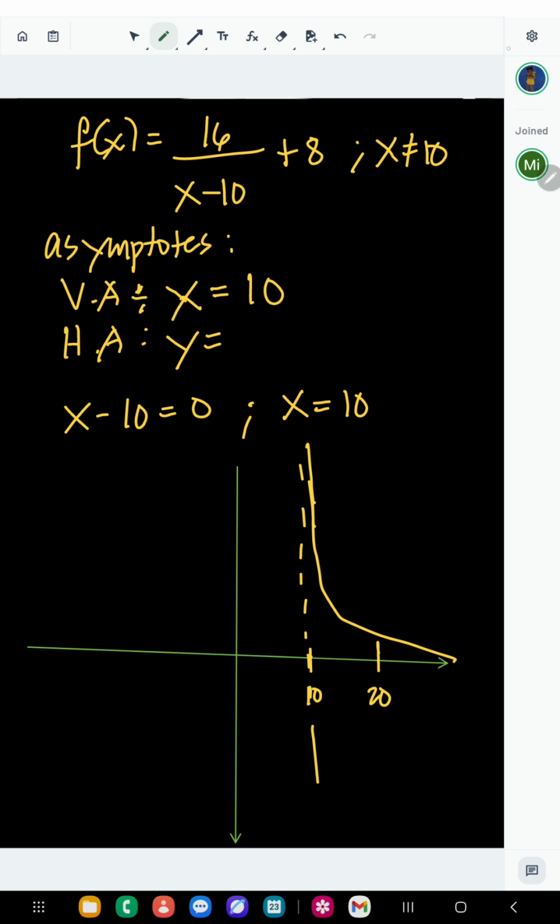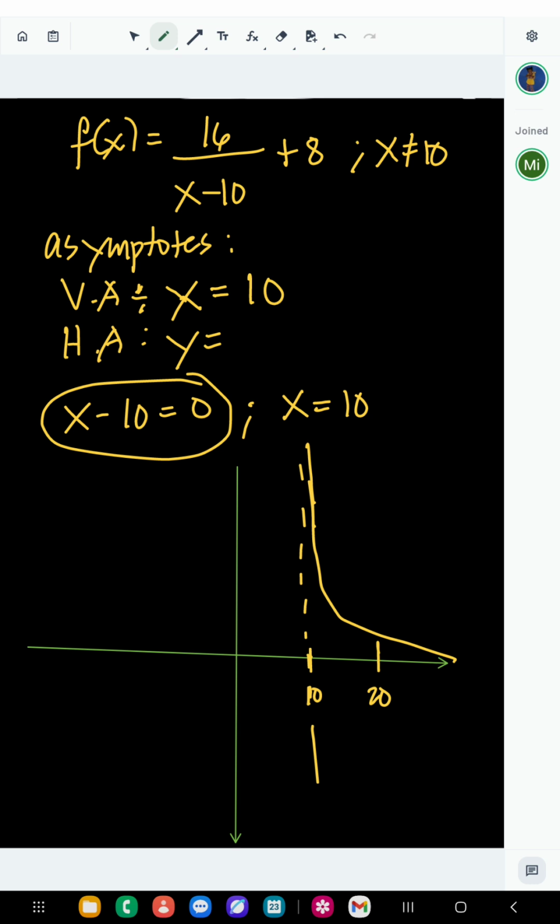But now to solve for the horizontal asymptote, I forgot to say, a vertical asymptote is a line x equals a, where the function grows to infinity or negative infinity. So the graph shoots straight up or down near the x value. So you can find the vertical asymptote by setting the denominator to 0. That's why I set the denominator x minus 10 equal to 0 to solve for the value of x.